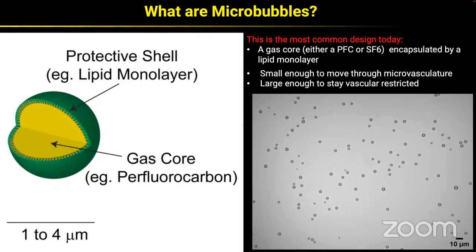So that means that when we inject them intravenously, they only stay within the vascular compartments and they do not leave there, which has advantages even in that it's a really nice, easy access to vascular imaging, but it also gives us a really direct access to our molecular target, which are actually going to be proteins expressed by vascular endothelial cells.